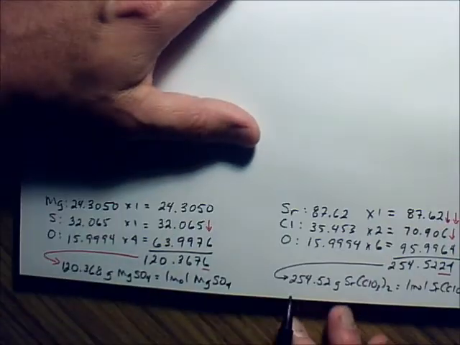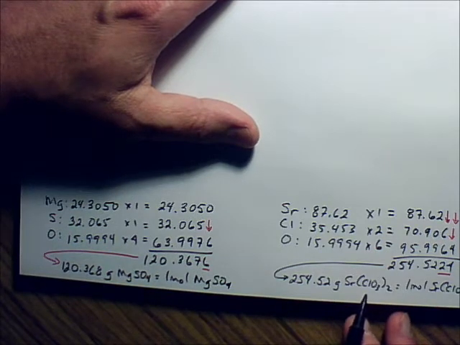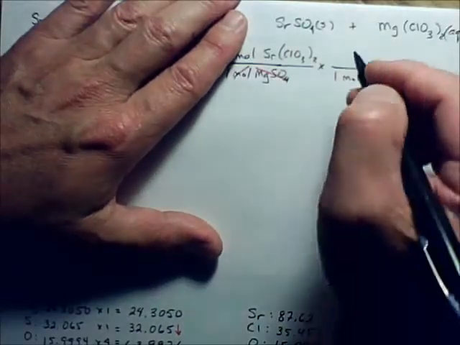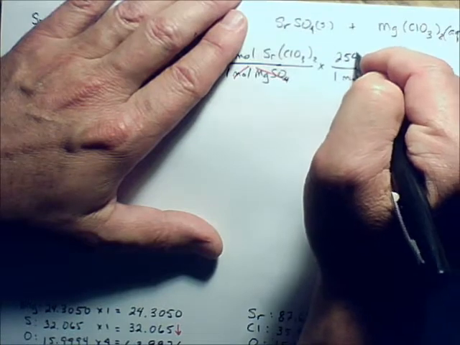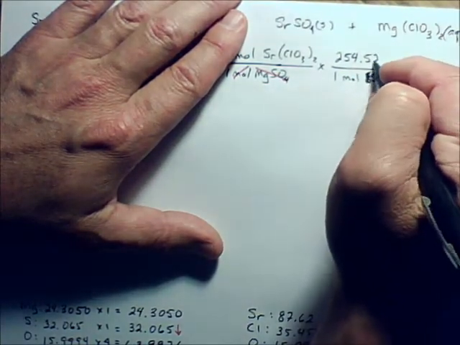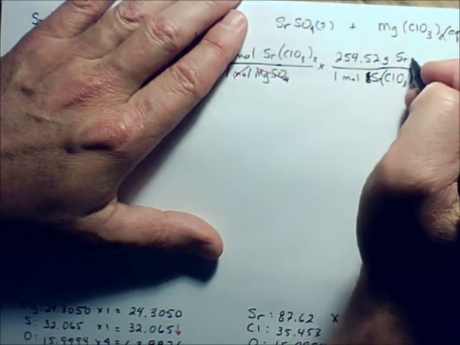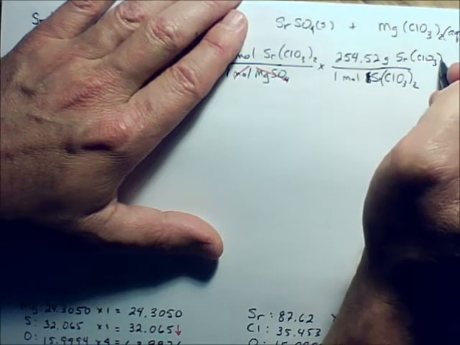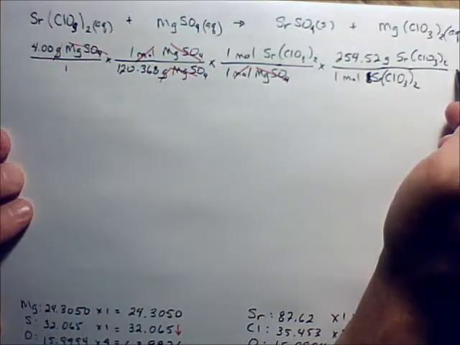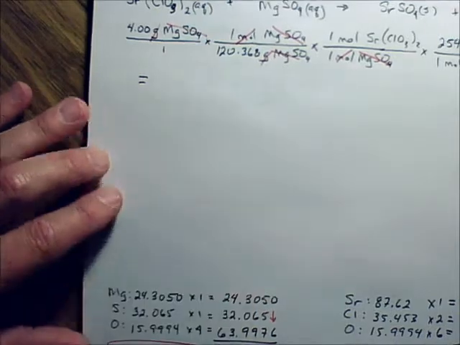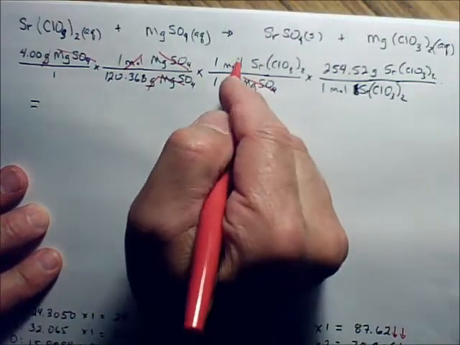And then the mass, 254.52 grams strontium chlorate, goes on the top. And we are ready now to do some math. Let's do the cancellation.